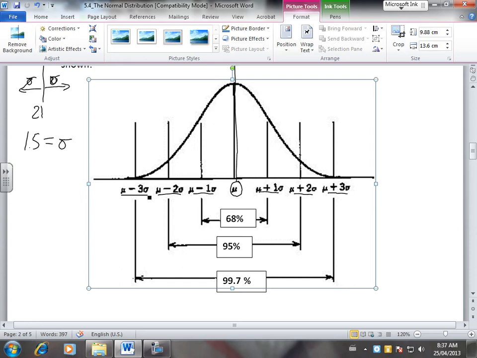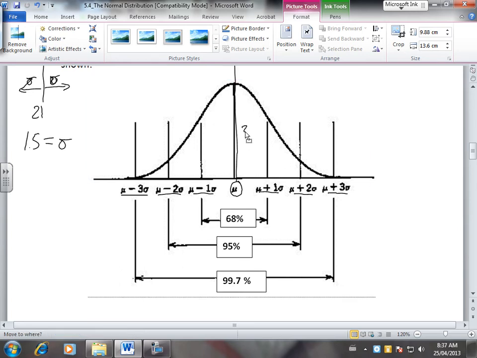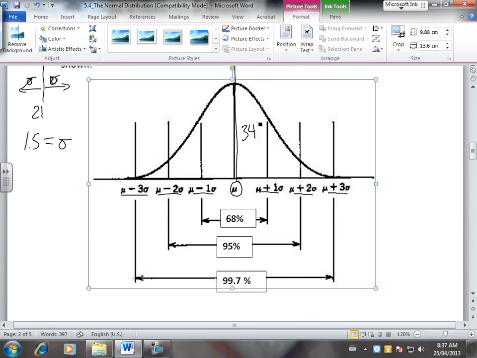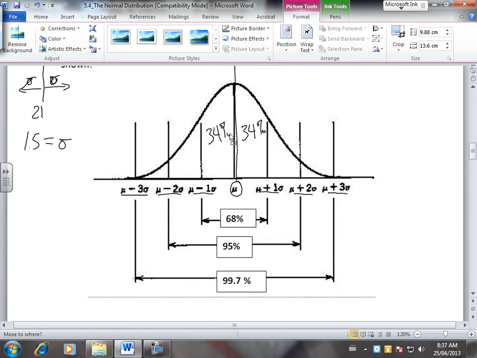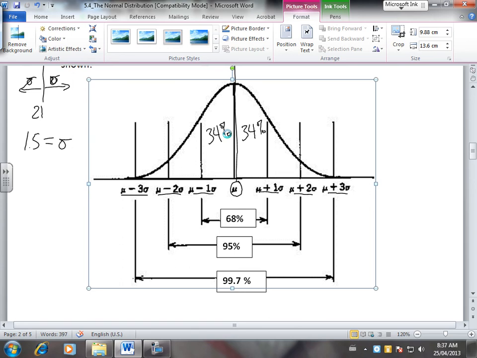So between 1 standard deviation on either side of the mean, 68% of the data is contained. So you have 34% on this side and 34% on that side. And then within 2 standard deviations on either side is 95% of the data. So if we were looking at people's height, 95% of people, say men in Canada, would fall within 2 standard deviations of the mean.